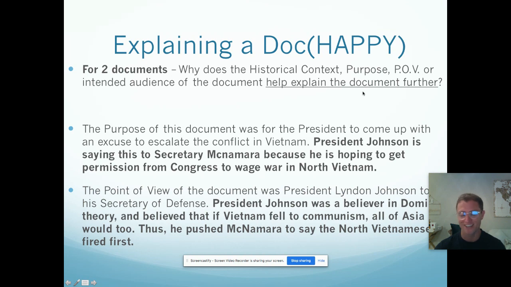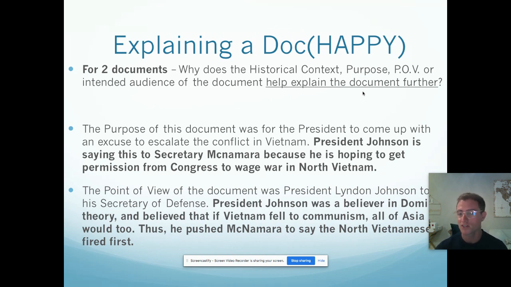Guys, this is the key. The biggest mistake that we make with HIPPing is that we identify one of these things. We identify the historical context of the document. We identify the purpose of the document. You guys are great at that. The next step, though, is why does that help explain the document further, right?